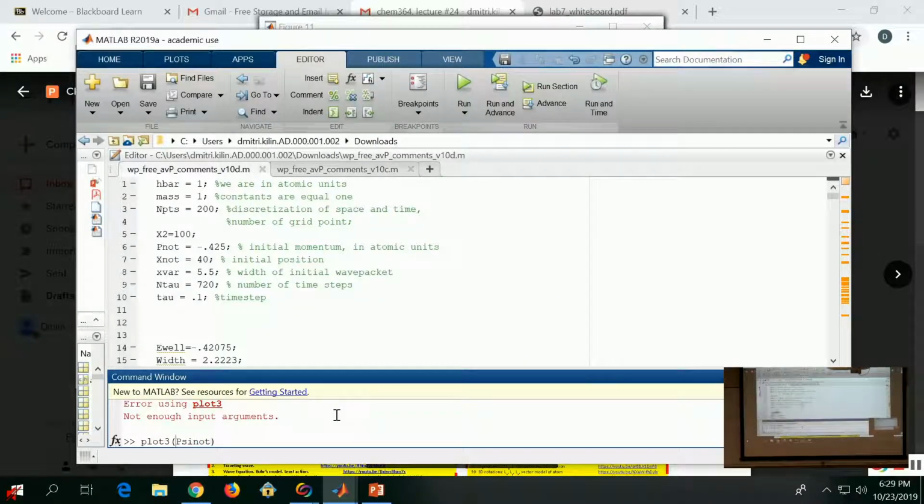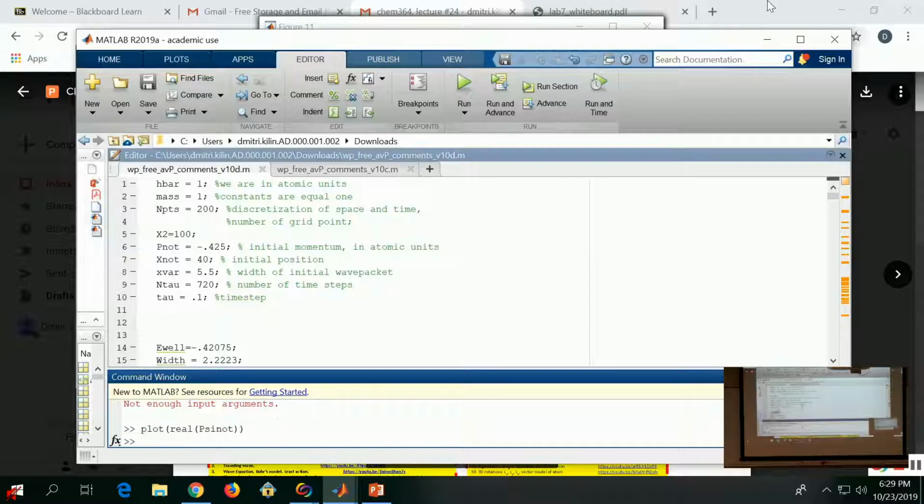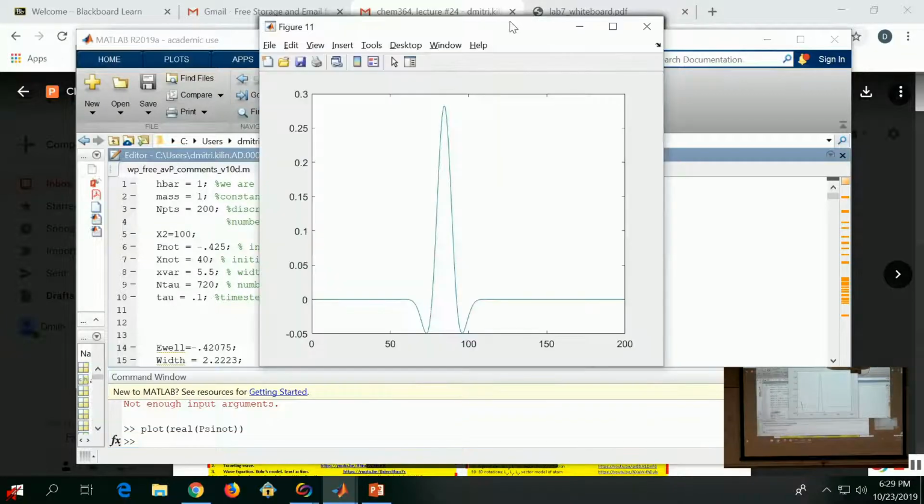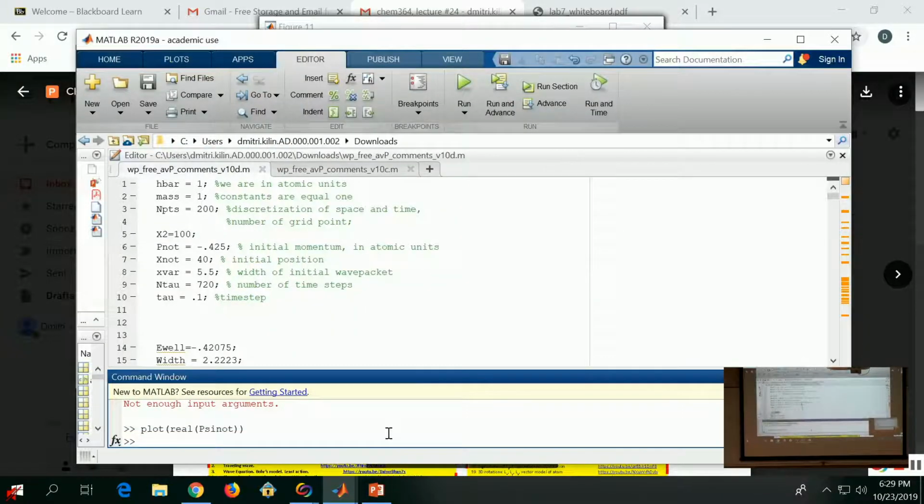So wave function has both real and imaginary parts. So it could be reasonable to plot real of psi naught, and maybe I can do simultaneous x real psi naught, comma x imaginary of psi naught.